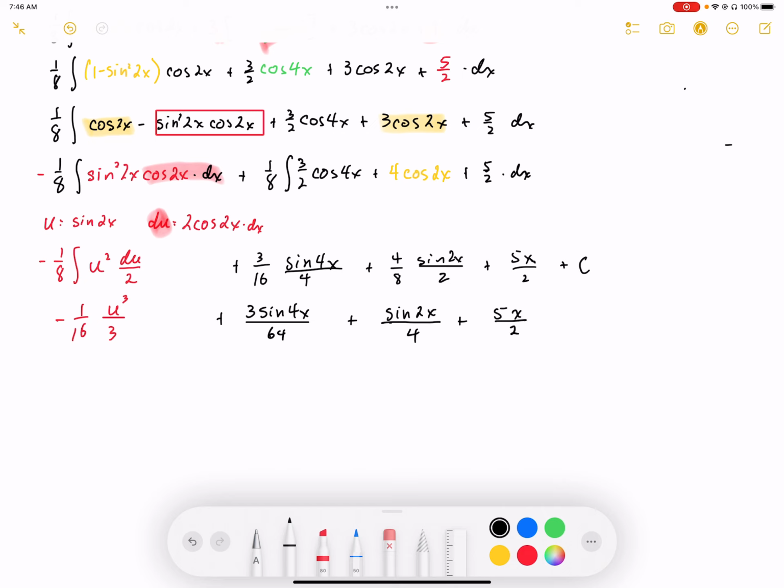Oops, I have forgotten about this times by 1/8 over here. I should really clean that up. That 1 over 8 came from over here.